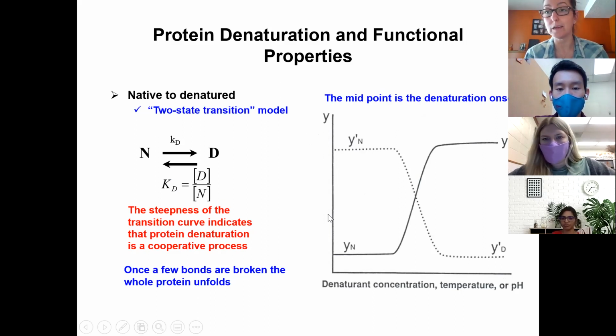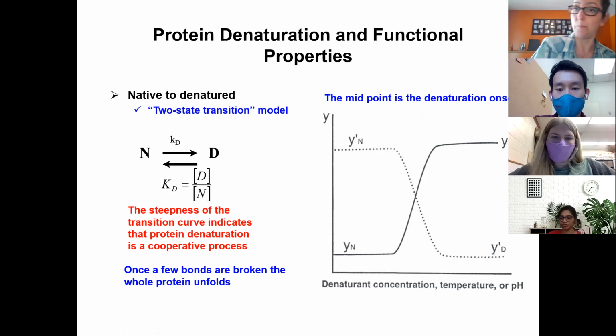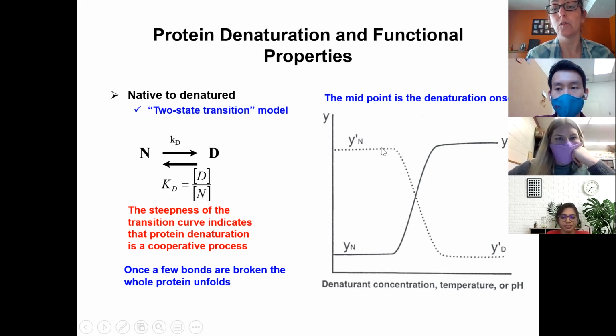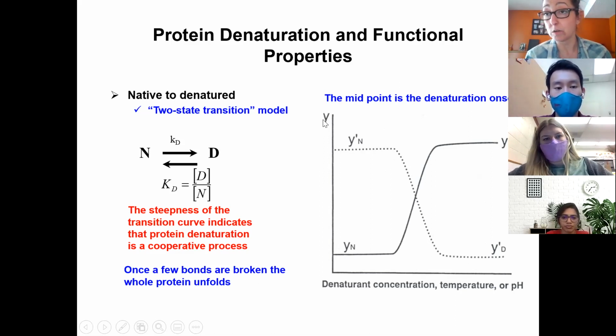We can measure it by an increase in surface hydrophobicity, for example, or in terms of reduced solubility. That's why you see an increase here. If we're looking at surface hydrophobicity, we can see an increase in that. Or if we're looking at solubility, we can see a decrease in solubility over time. So Y can be anything we are measuring to determine or assess denaturation.